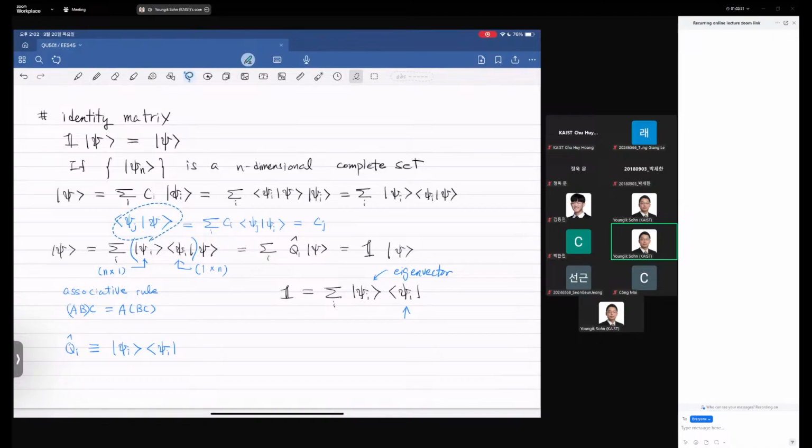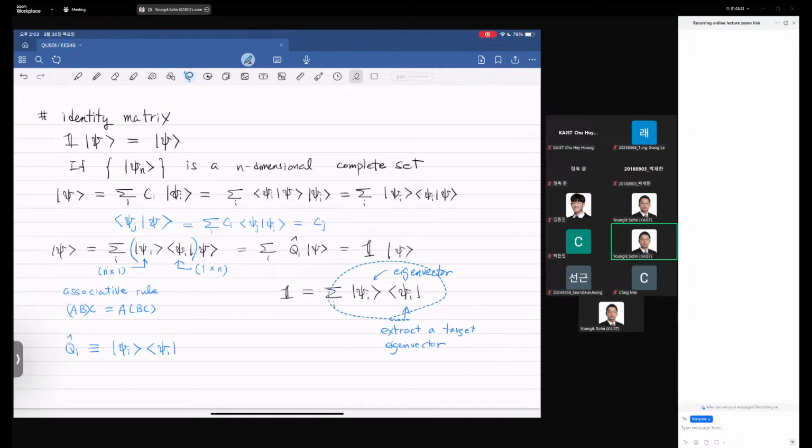So it's kind of a projector, extracting a target eigenstate with the coefficient.